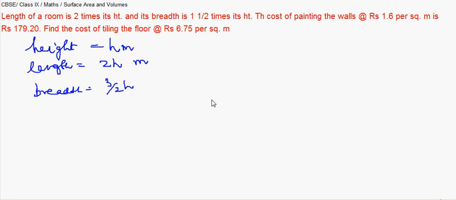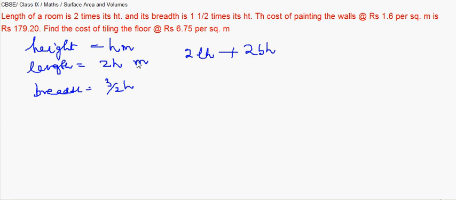When we are painting the walls, we are not taking the roof and the floor. So the area for the 4 walls will be the lateral surface area. The lateral surface area is given by 2LH plus 2BH.